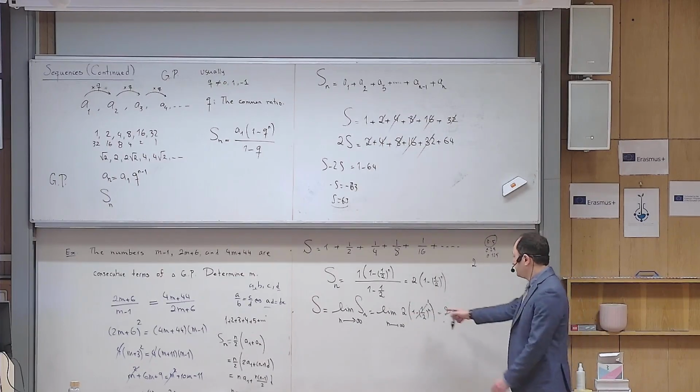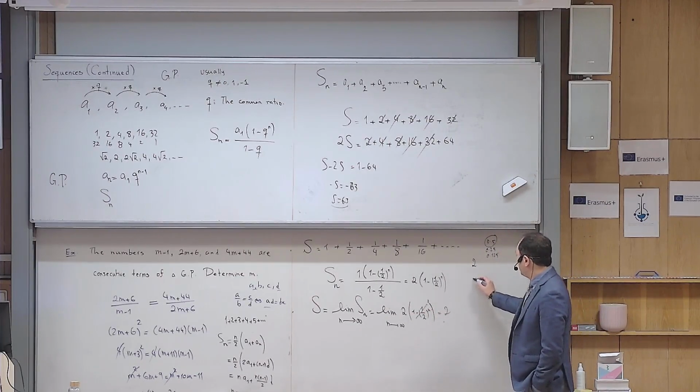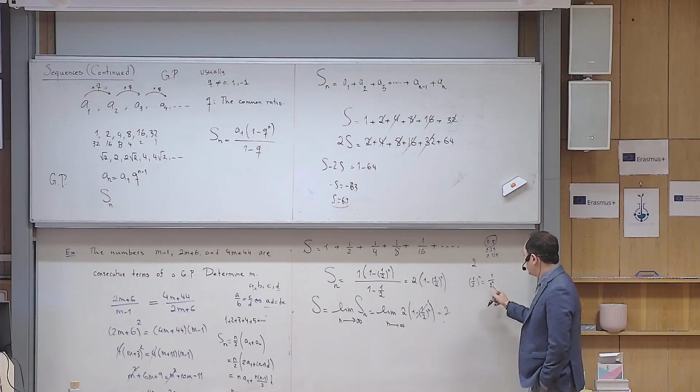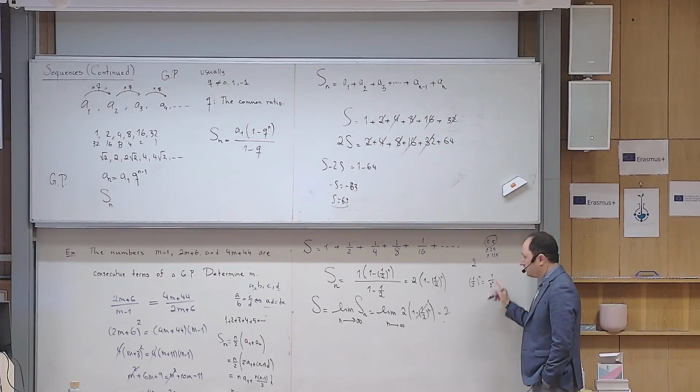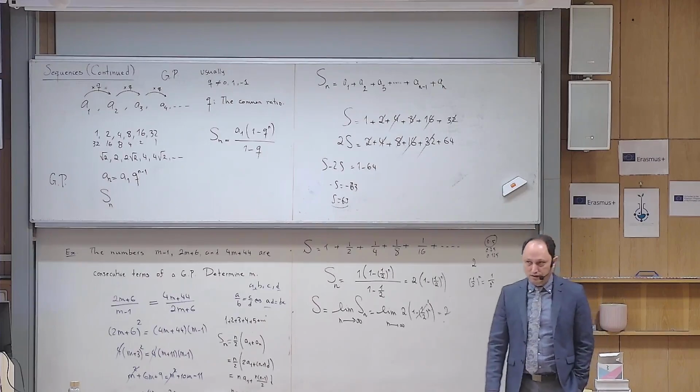Or if you don't like this, you can see it in this way. 1 over 2 to the power of n is 1 to the power n, which is 1, over 2 to the power n. If I increase n, 2 to the power n increases, the denominator increases, so the fraction decreases. If I increase n to infinity, the denominator becomes a very, very huge number, and 1 divided by a huge number leaves nothing.